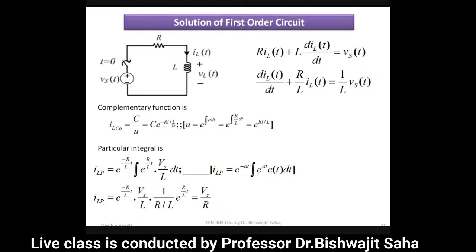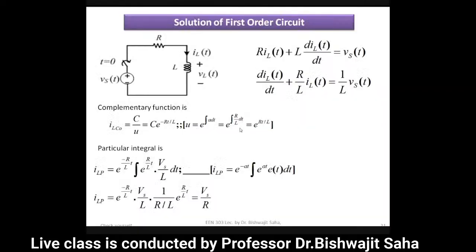What is A? A is here minus R by L. So you can write directly that ILCF equals C e to the power minus R by L t. It has been explained here, you can look at it.